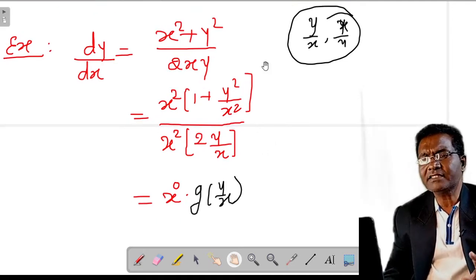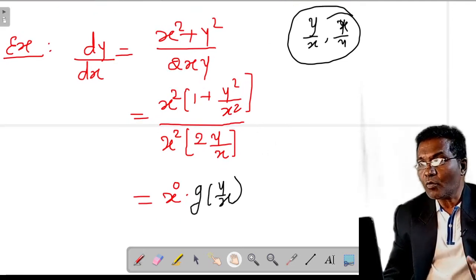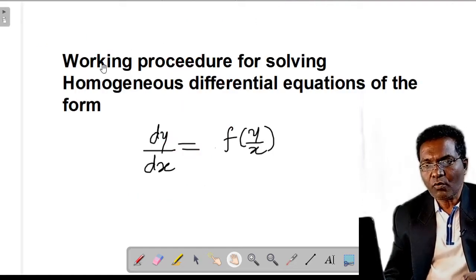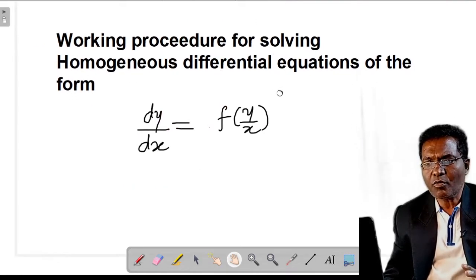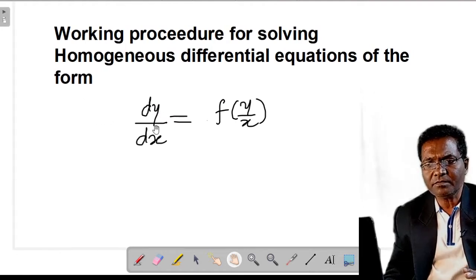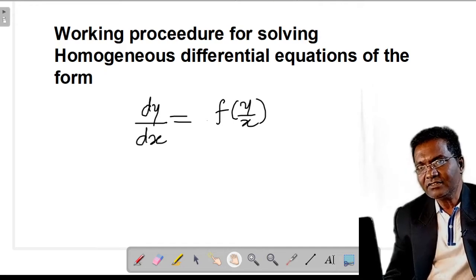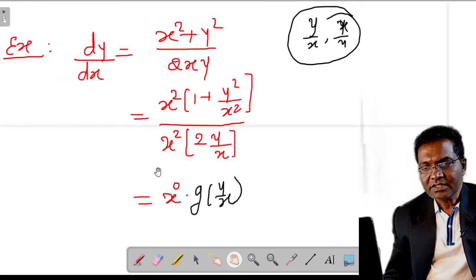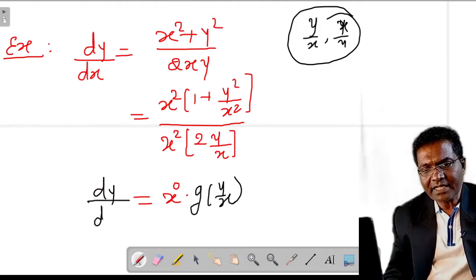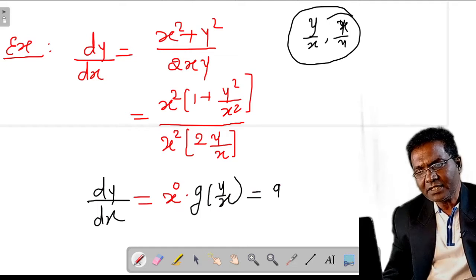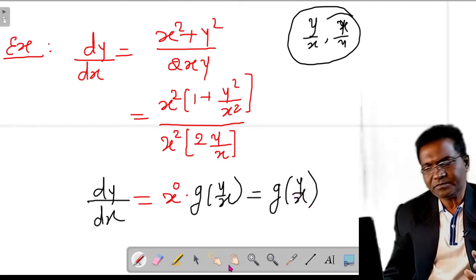So now let's understand how to solve homogeneous differential equations. The working procedure for solving homogeneous differential equations of the form dy by dx equal to f of y by x. See here, in this case dy by dx is expressed as g of y by x or f of y by x.